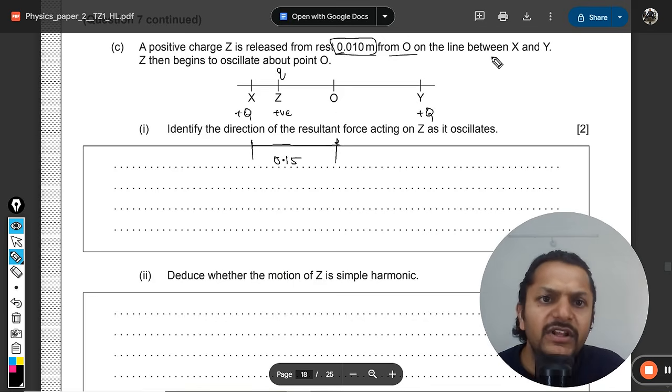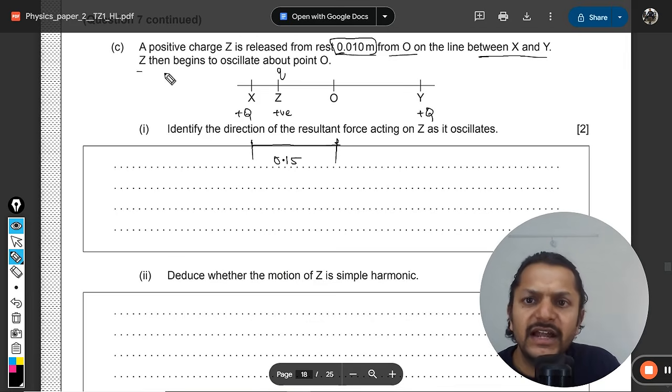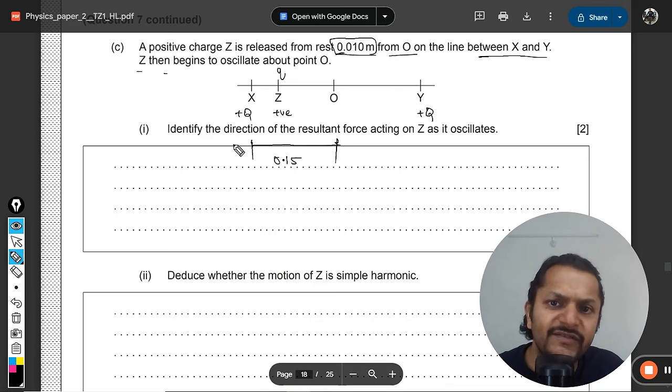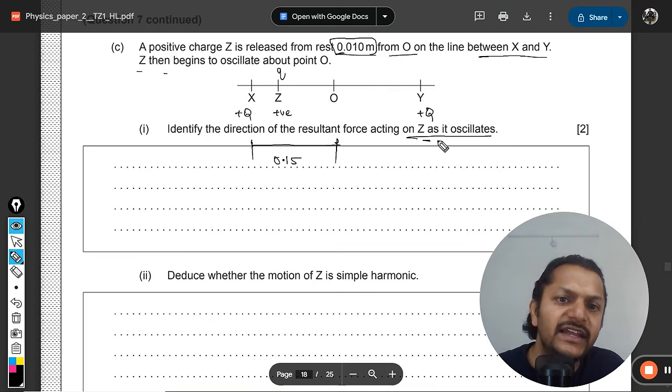Between X and Y, Z then begins to oscillate about O. Identify the direction of the resultant force acting on Z as it oscillates.